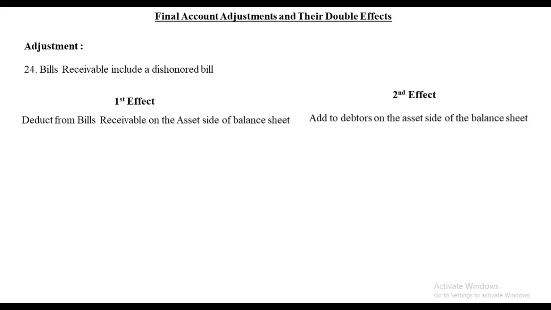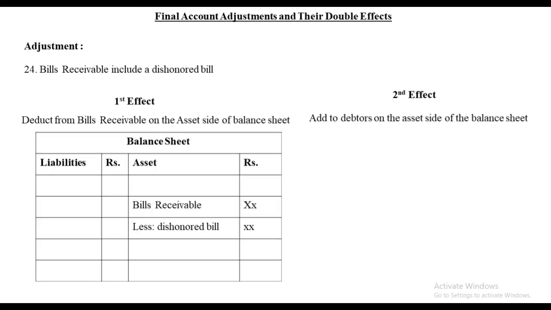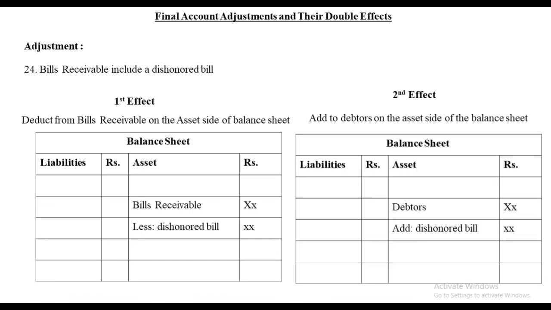And the second effect, the same dishonored value will have to be added to debtors on the asset side of the balance sheet. So first effect, balance sheet, bills receivable less dishonored bill. Second effect, on the asset side itself, debtors add dishonored bill. This is adjustment number 24.